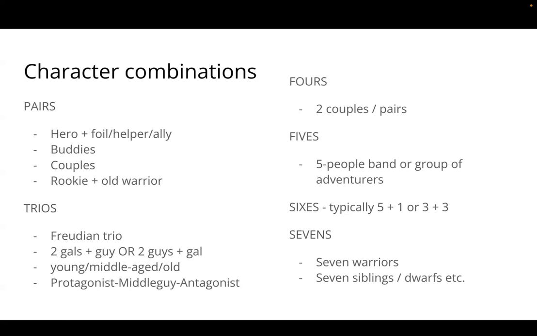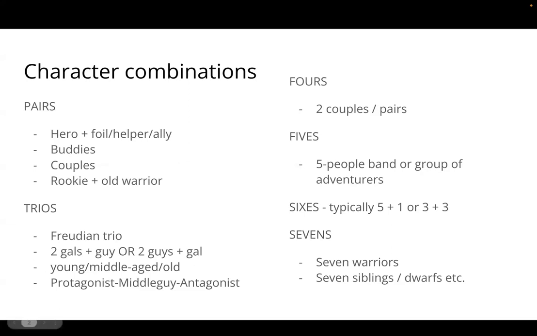I think most of you have noticed these kinds of structures before, like 2 guys and a girl, or 2 girls and a guy. Or you can have one character who's young, another one who's middle-aged, and the third one old.